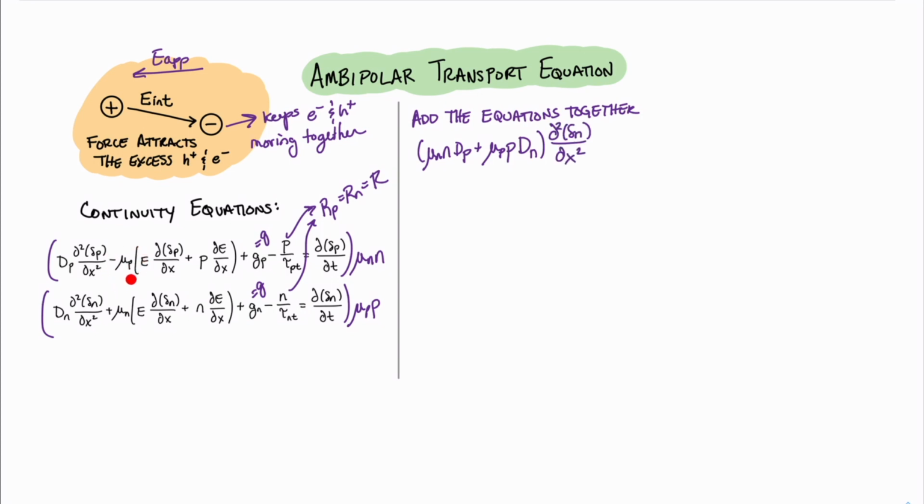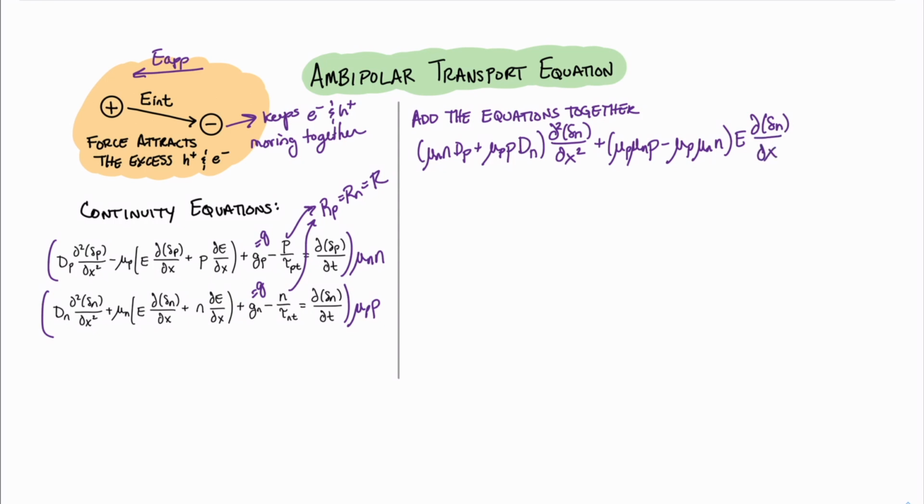All right, again for our next term, we're going to have mu N mu P times N plus mu N mu P times P, that whole quantity times the electric field and the first derivative of the excess carriers. Now we have to watch our negative up here and our positive up here, and if we're careful about that, then we're going to find that we get plus the quantity of mu P mu N times P minus mu P mu N N. That quantity times the electric field times the first derivative d delta N dx.